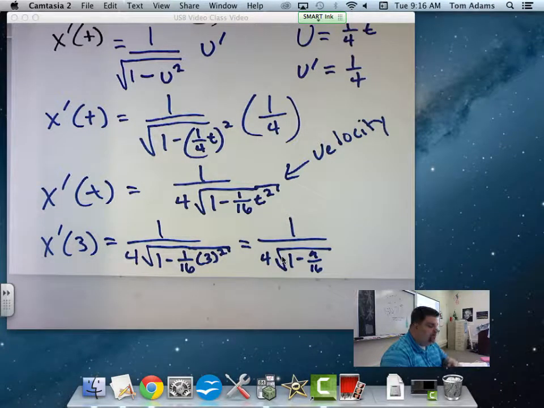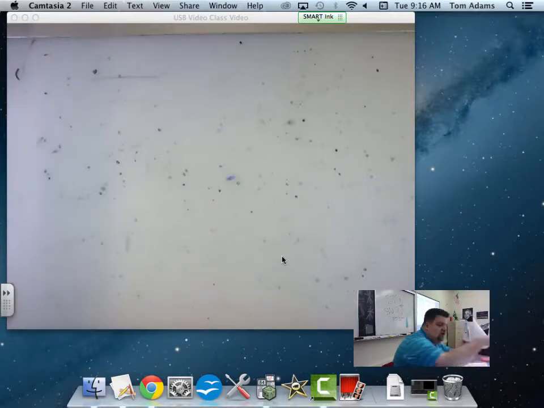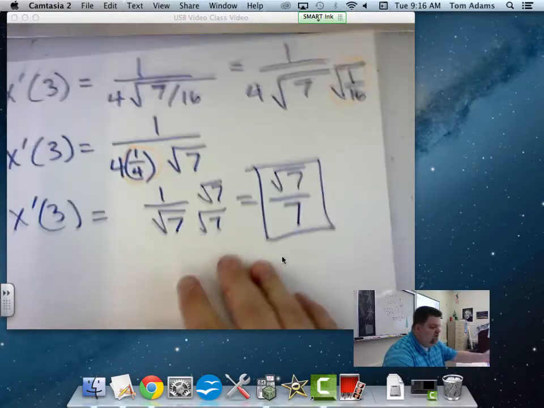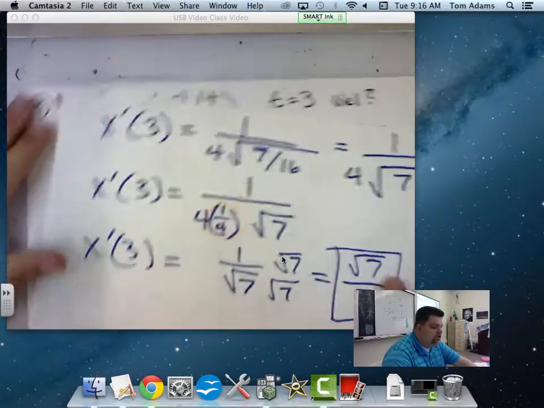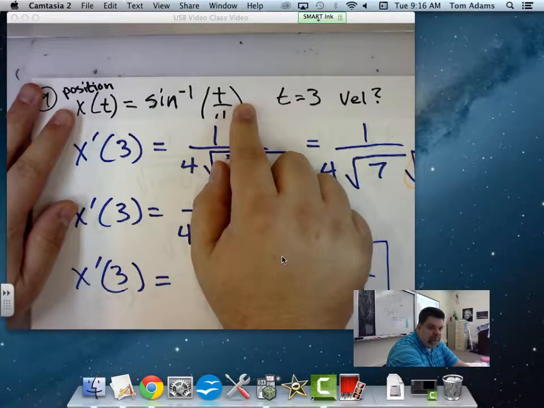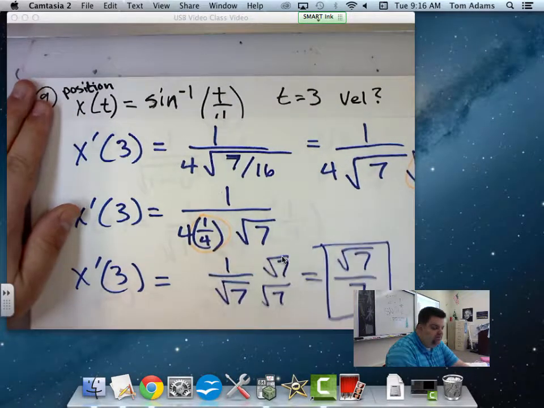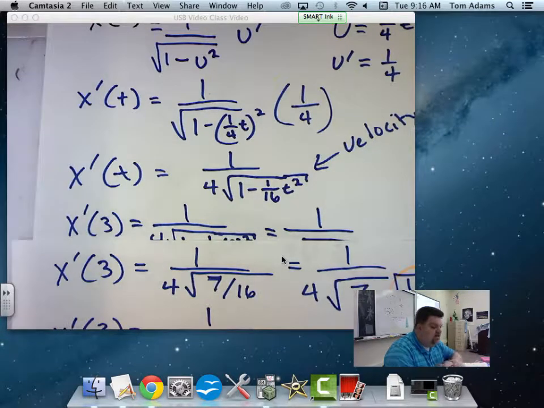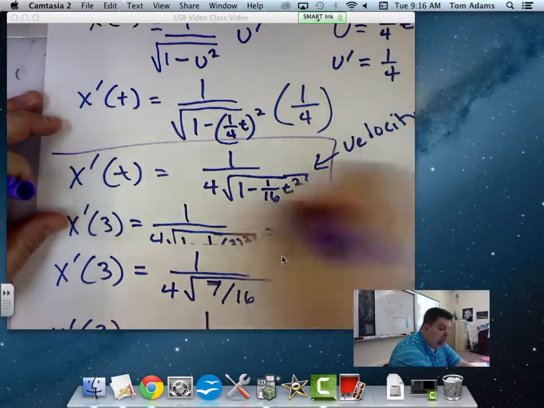All right, so this is the final answer, though. Boom. So what did I just do? The particle was in motion, and its position was based on this equation. We skipped forward, and we found that the velocity was based on the derivative of that position.